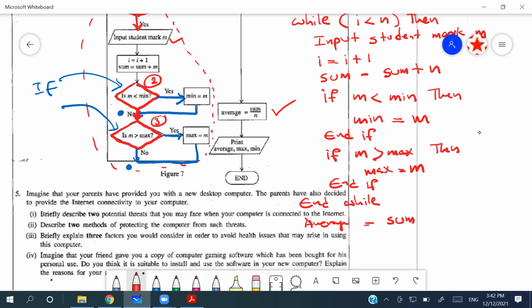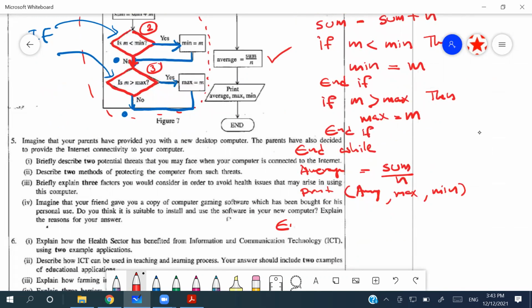Equals sum divided by n. Then you have to say print average, max, and min. After that, we have to say end.